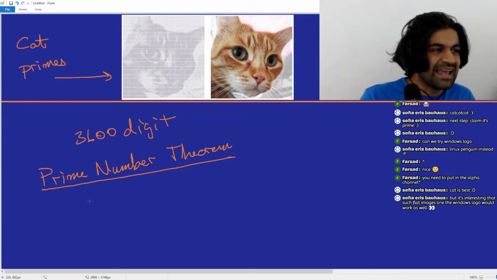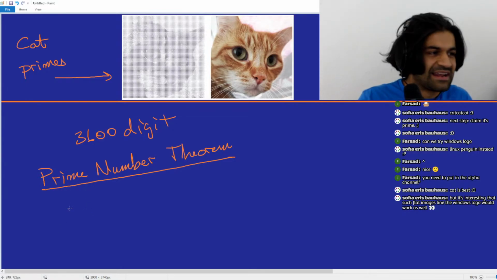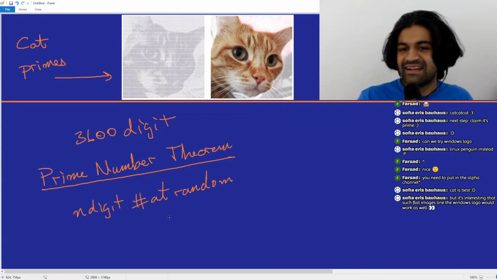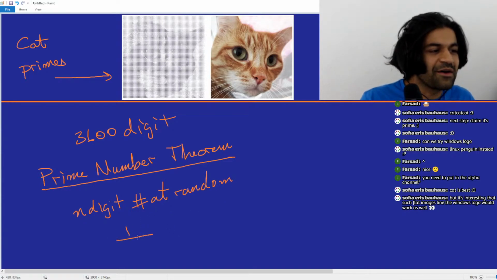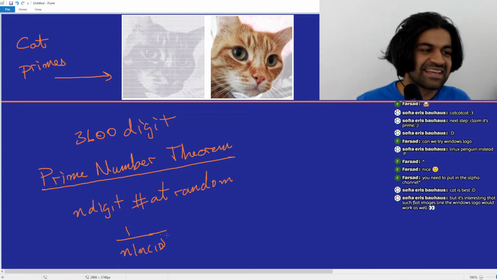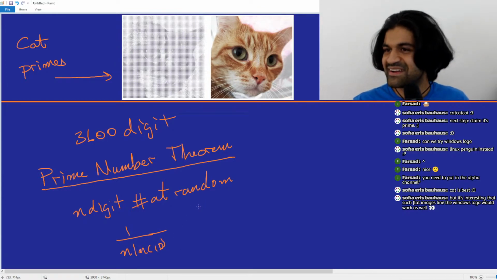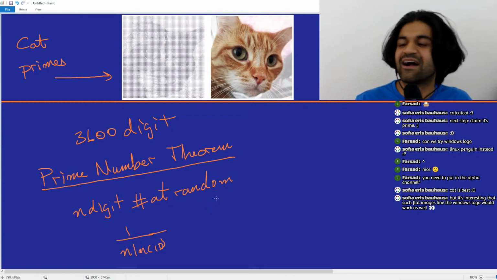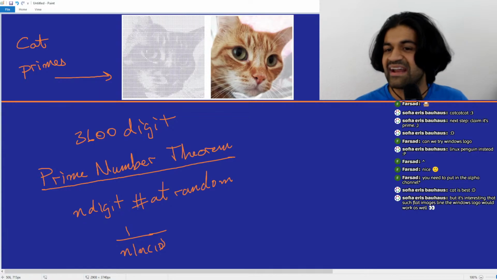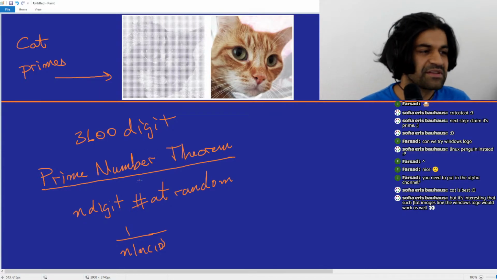If you pick an n-digit number at random, then there's going to be a 1 over n natural log of 10 chance that it's going to be prime. Let that sink in. That's a pretty strong claim. And I'm not being 100% technically precise, but you will see that it will absolutely pan out for us when we start searching for primes.